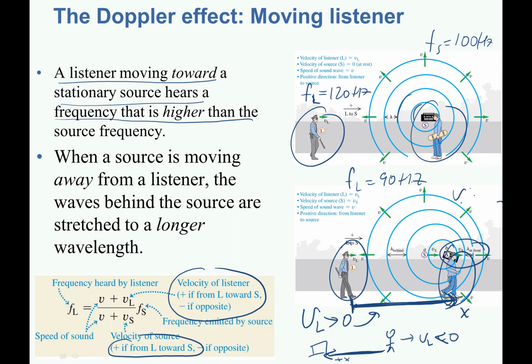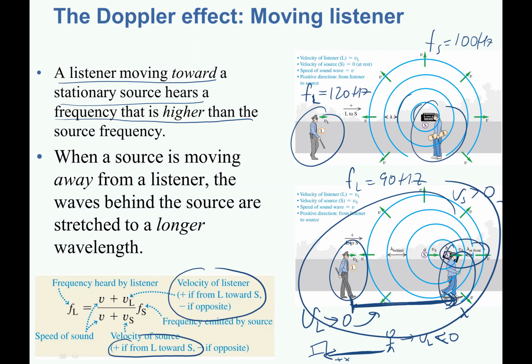That means the velocity of the source is positive. And the velocity of the listener is positive because both of them are moving in the direction that we define to be positive. Again, what we define to be the positive direction is the direction from the listener to the source. That's always going to be positive, regardless of the actual coordinate system.